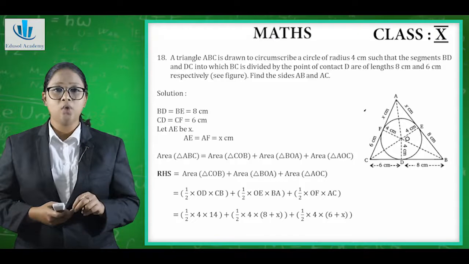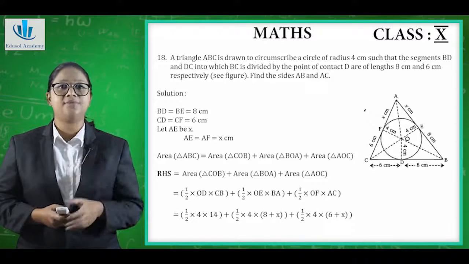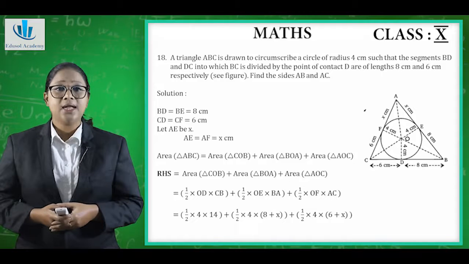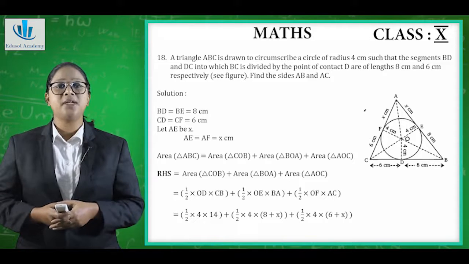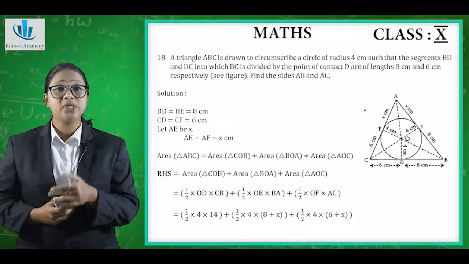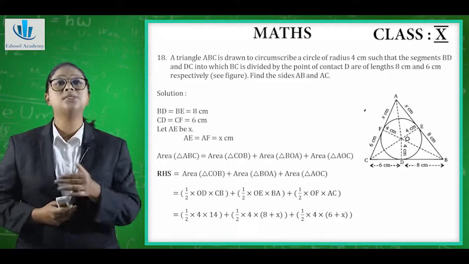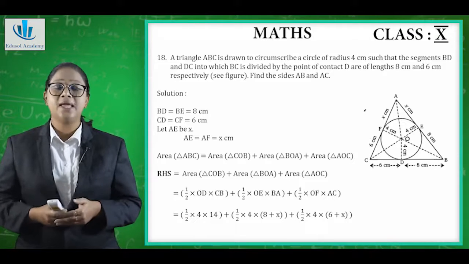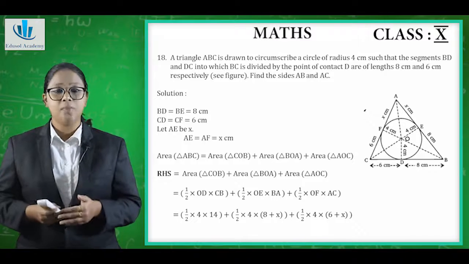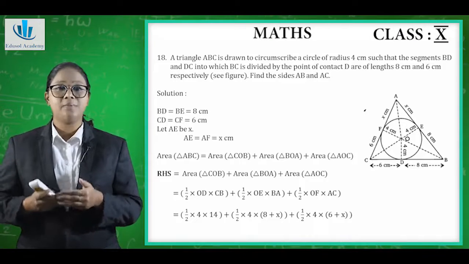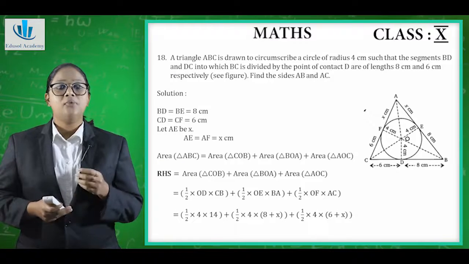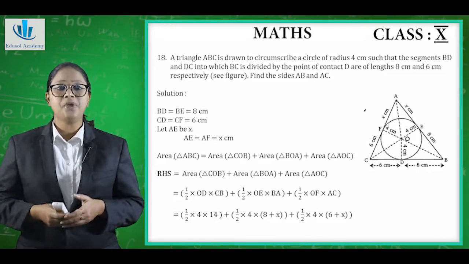Let the two unknown values AE and AF be x cm. Now the triangle ABC has been divided into three constituent triangles upon joining all the points of contact and all the vertices to O. So, triangle ABC's area can be written as area of triangle COB plus area of triangle BOA plus area of triangle AOC. Now, we will take the RHS one at a time.